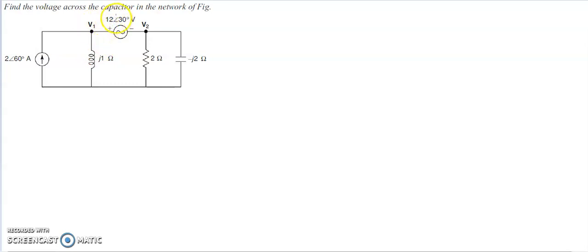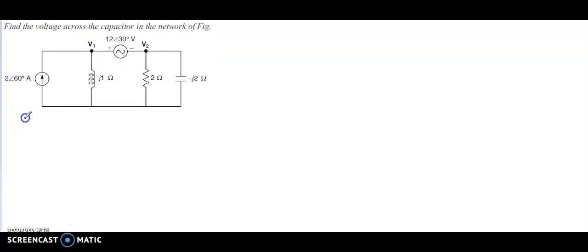There is a 12 angle 30 volt source between V1 and V2, and there are two nodes. So we can first write the KCL for this supernode. KCL at supernode V1 and V2.